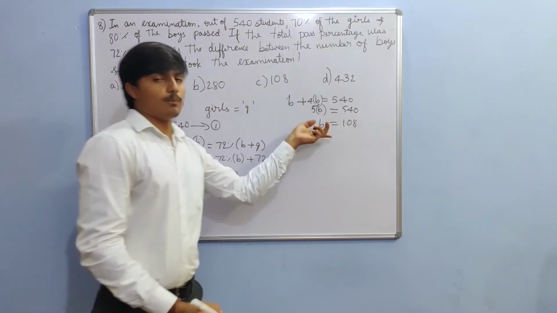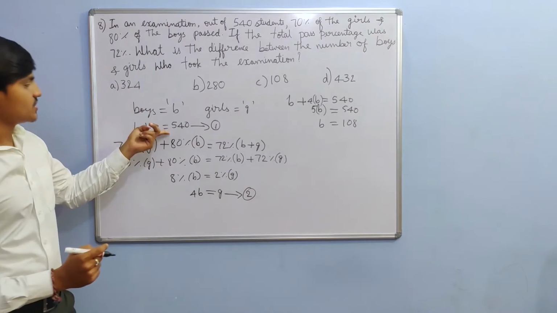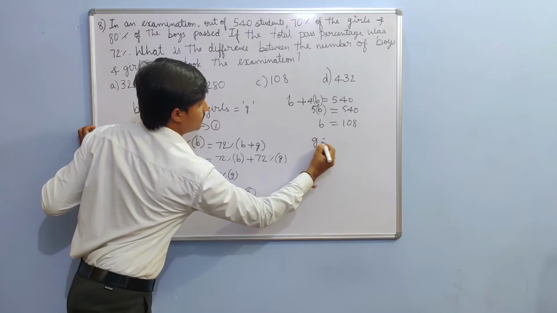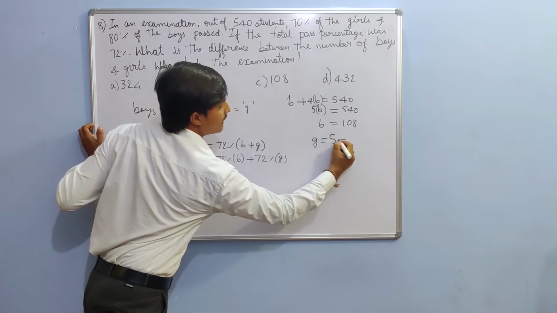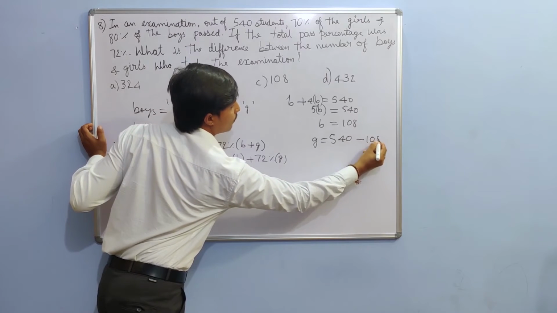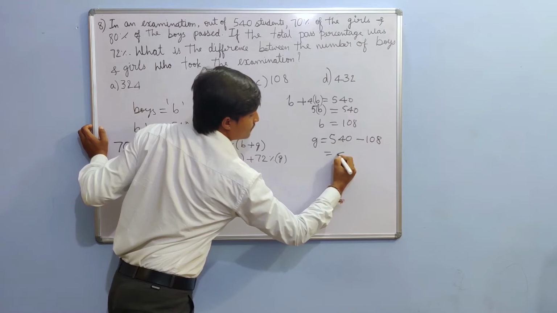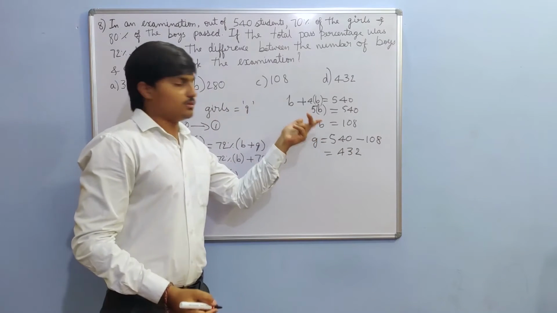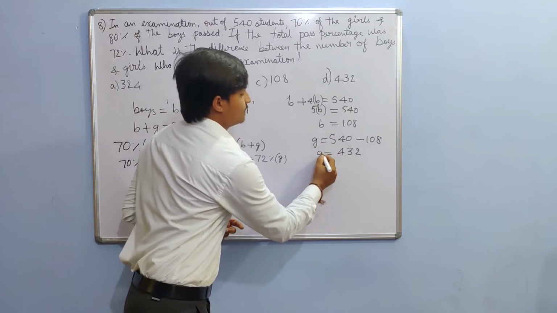So now we got the number of boys is equal to 108. So if we substitute this in equation 1, girls is equal to 540 minus 108, which is equal to 432.